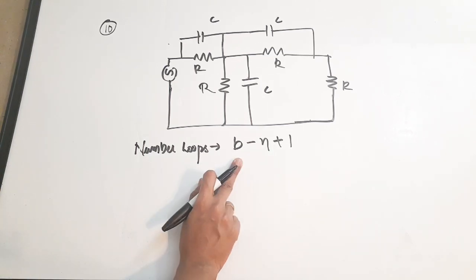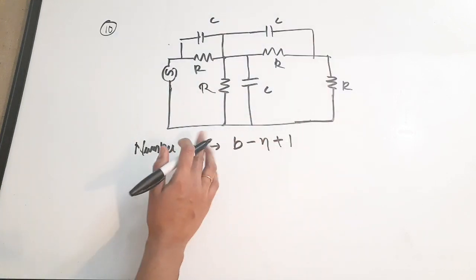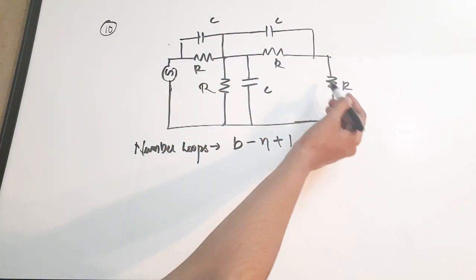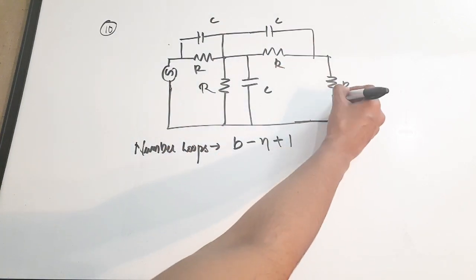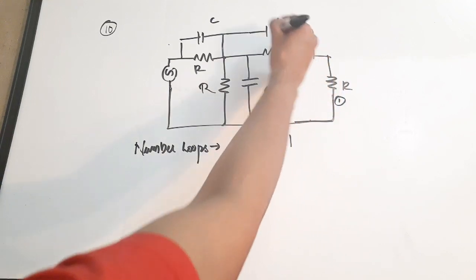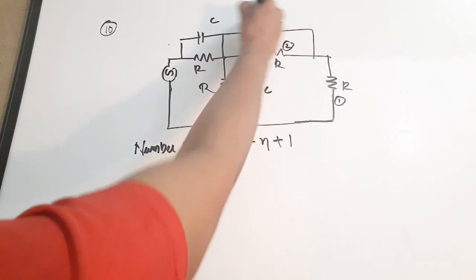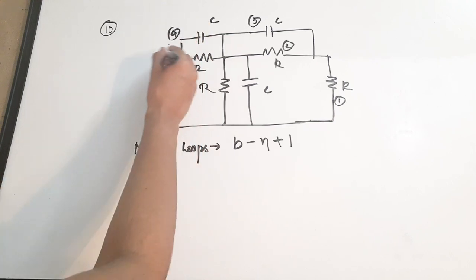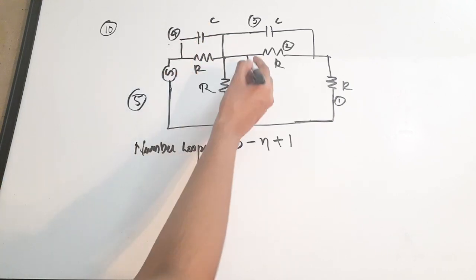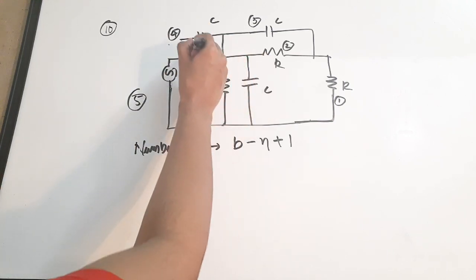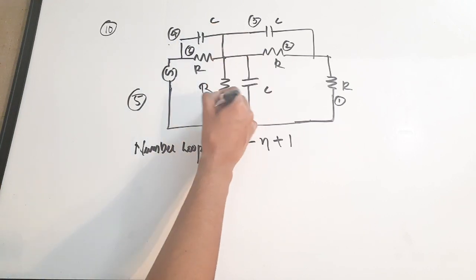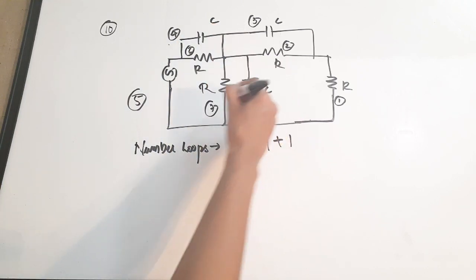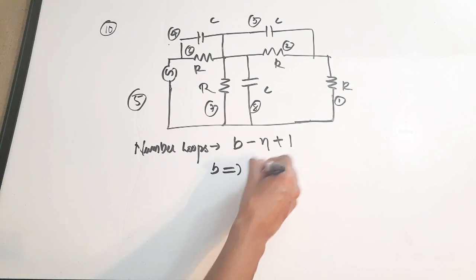So number of branches. If you analyze the circuit, you can see that the number of branches is, there is 1 here, 2 here, 3 here, 4 here, 5 here, then 6, 7 and 8. So B is 8.